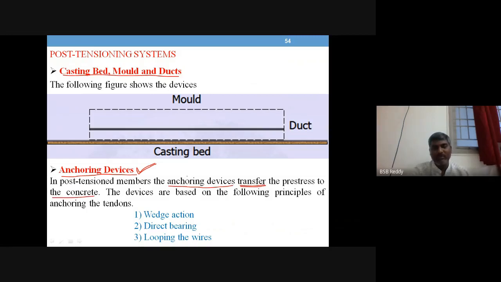If the anchorage device fails, your pre-stressing member will fail. So this is the necessity of taking care of the anchoring devices. There are three types of devices based on their action: wedge action, direct bearing, and looping the wires. These are the three types of anchoring devices, based on wedge action, direct bearing, and looping the wires.